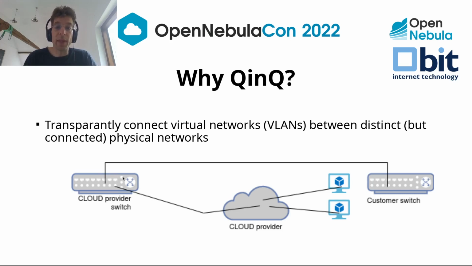The alternative would be that the cloud provider would need to allocate as many VLANs inside its cloud as the customer wants to use, and this might not be desirable, or it might even not be possible at all because the VLAN IDs could potentially clash, and in this case you have to resort to VLAN rewriting, which is a thing you would like to avoid because it can cause a lot of confusion. QinQ can be a solution to this problem in layer 2 environments.